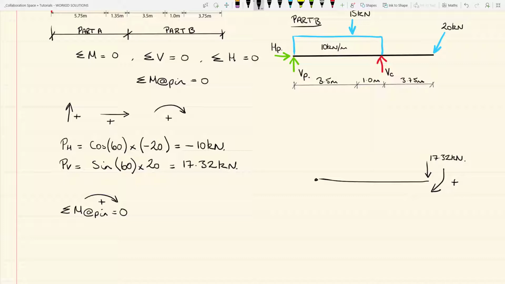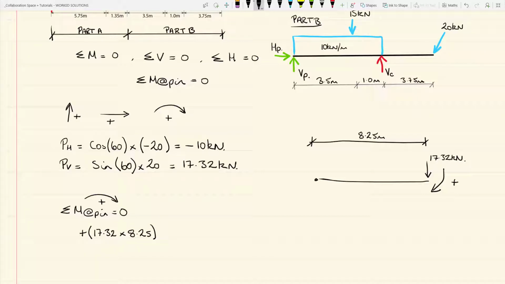So we can write positive 17.32 times its lever arm, and its lever arm is the perpendicular distance from the pin to the point load. So that's the perpendicular distance, and that is 8.25 meters. So we have 17.32 times its distance, 8.25, and that takes care of the point load.